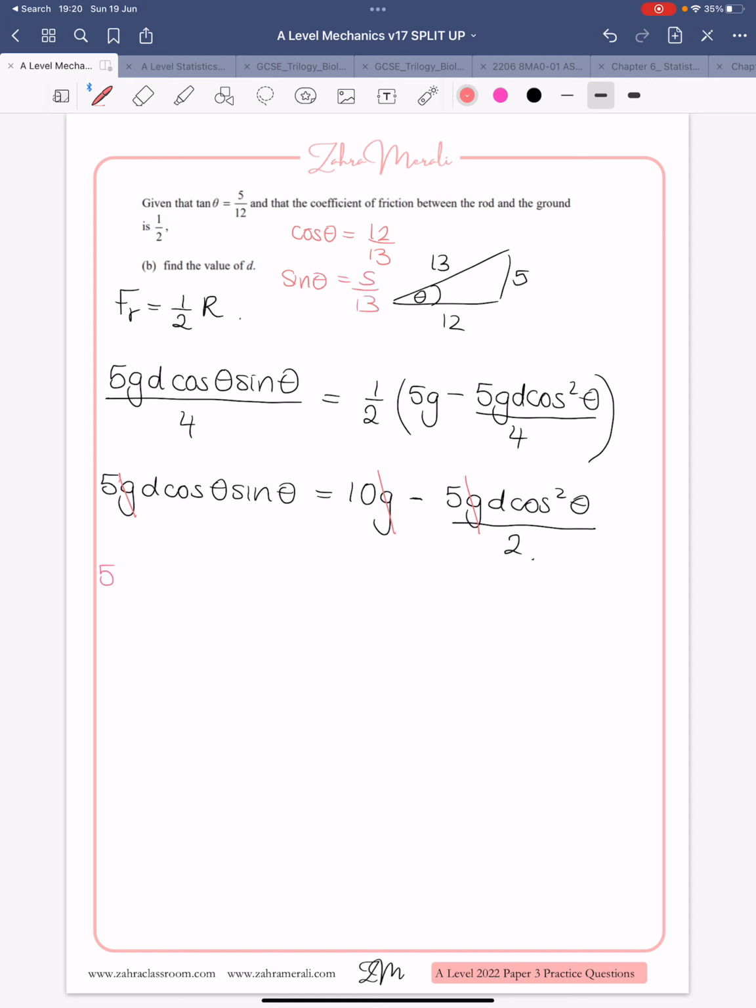So I get 5d times 12/13 times 5/13 equals 10 minus 5. Actually, we can put that all as one fraction, so make that 20, times 5d times 12/13 squared.